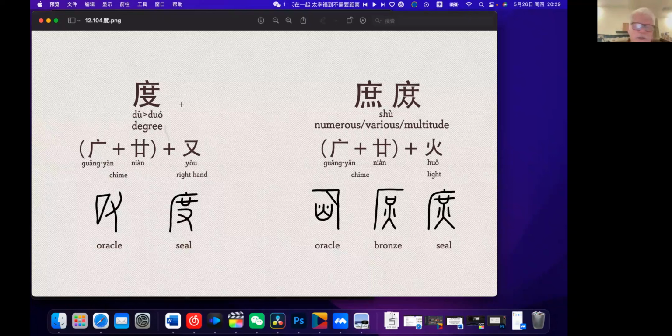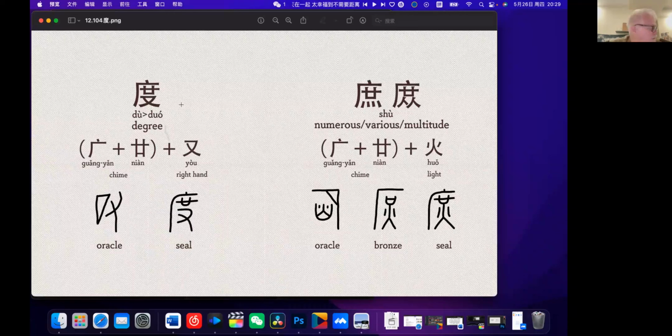So we look at this character. The seal character doesn't change much. We don't know what it is. We know that it has a fire and something else. The bronze character, we still don't know what it is. The oracle character, we see that it's a chime and a fire. But what does that mean? Well, the chime doesn't have anything to do with sound. It represents a rock. So we have a rock and a fire. What does that mean?